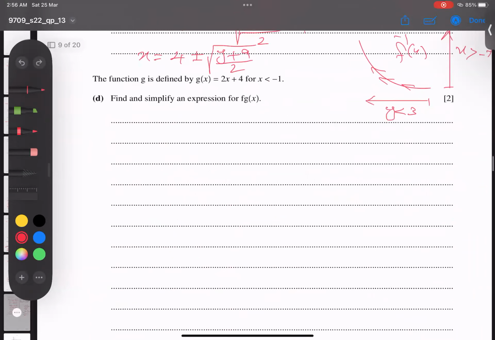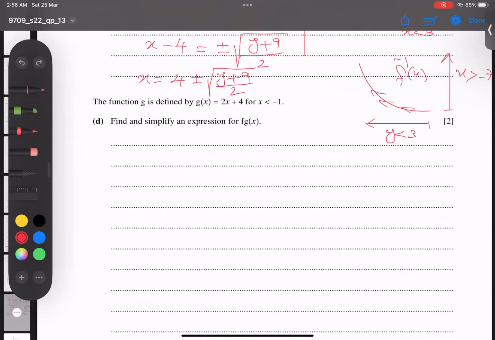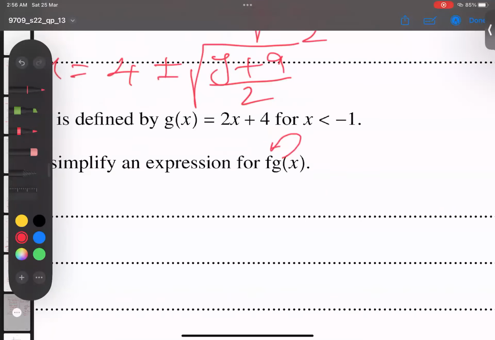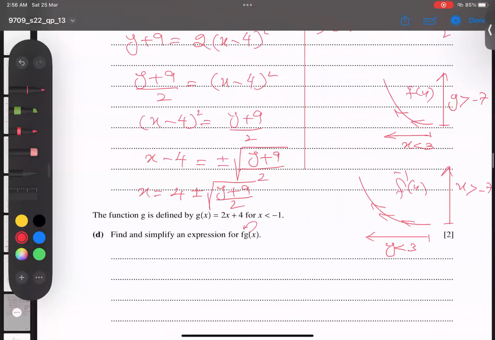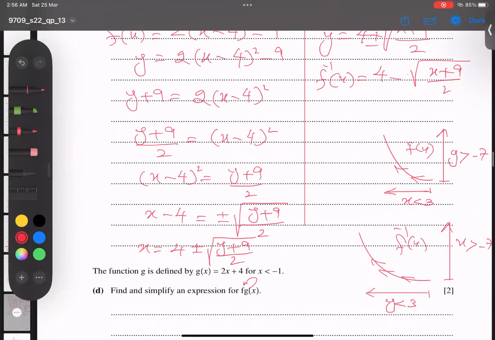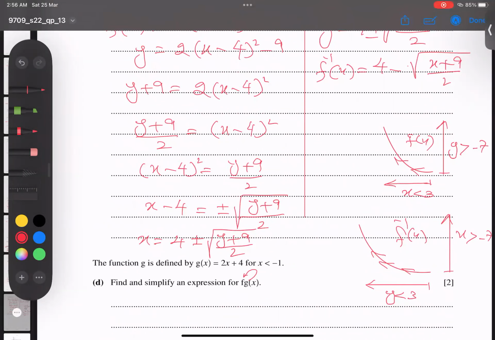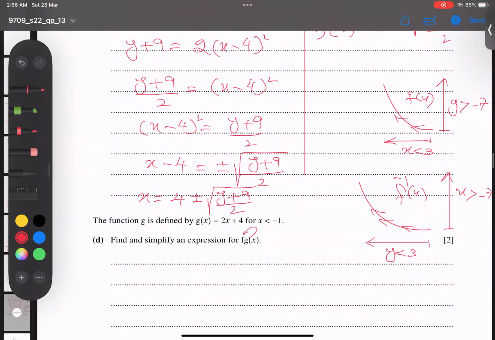Let's talk about the next part. Now he's saying what here? That g of x is a new function. We put the g function in f, and with the f function we first of all just copy. I can copy from any form, but I think we can use the completing square form.